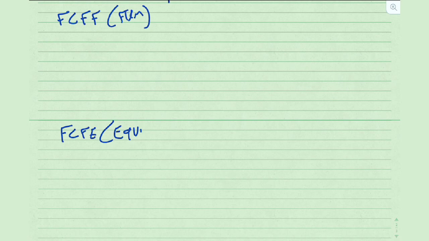So this is an important concept here. If you're looking at free cash flow to the firm versus free cash flow to equity, you have a different discount rate and a different cash flow at the top.